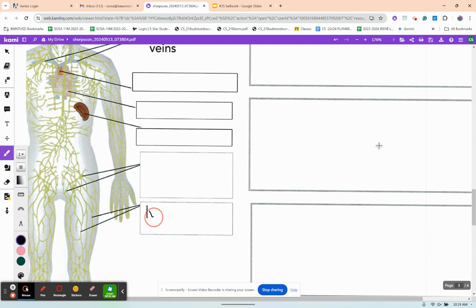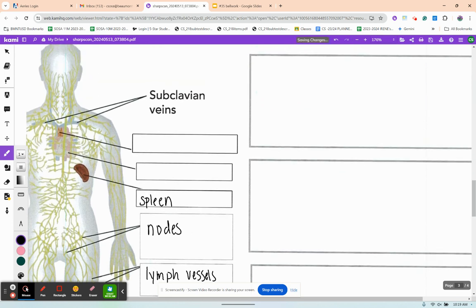Okay, so the lymphatic system is made up of a network of lymph vessels. So let's write lymph vessels, nodes, spleen is part of it. Here I have my heart, but the part that is involved with the lymphatic system is the thymus, which sits on top of our heart. Okay.